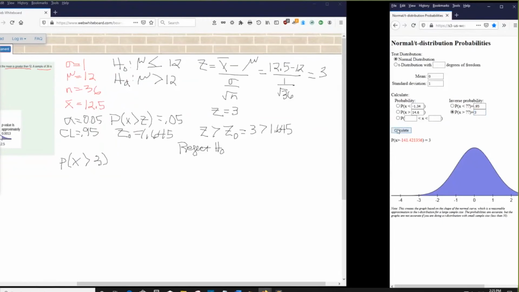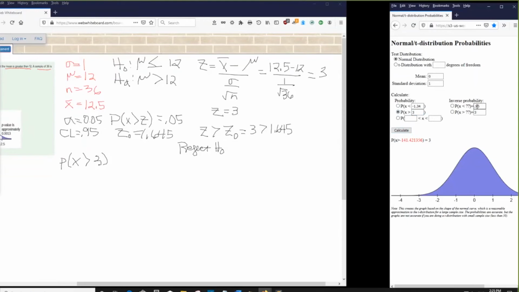I think I did something wrong. Oops, this is the other one. Probability x is going to be greater than 3, because I'm coming back here.